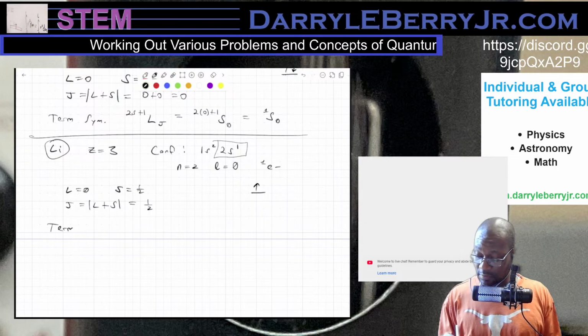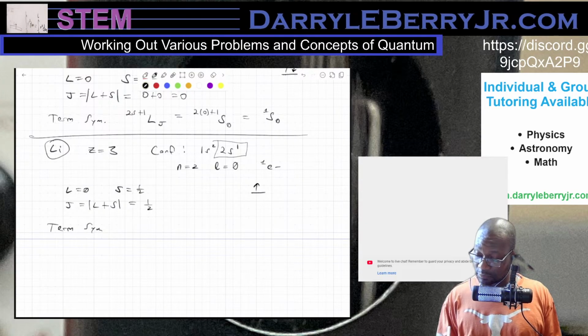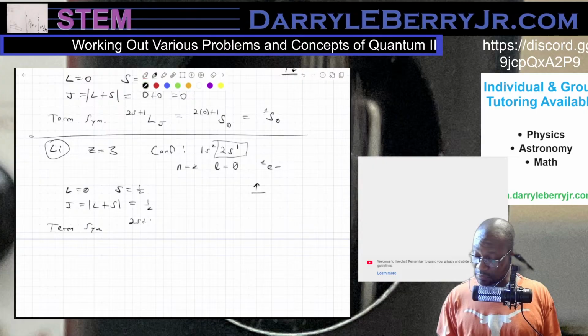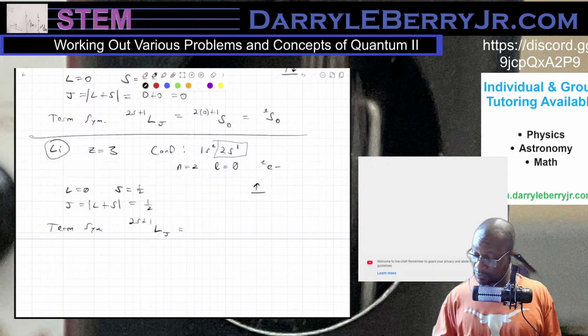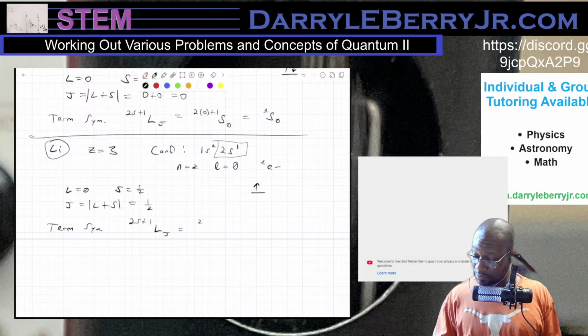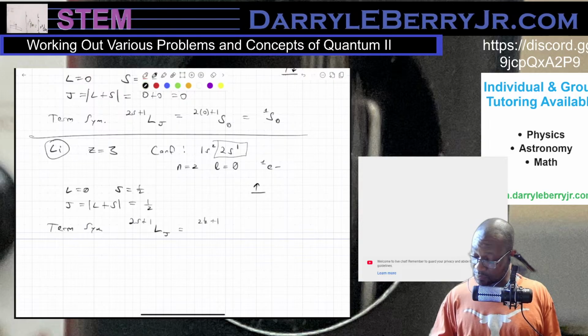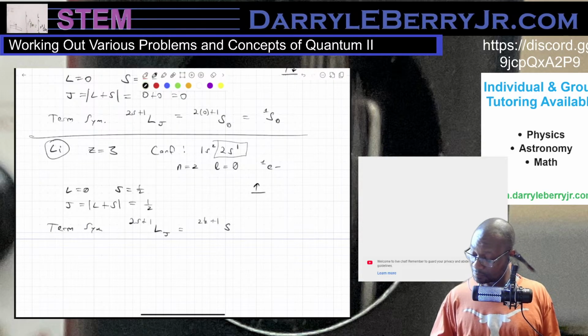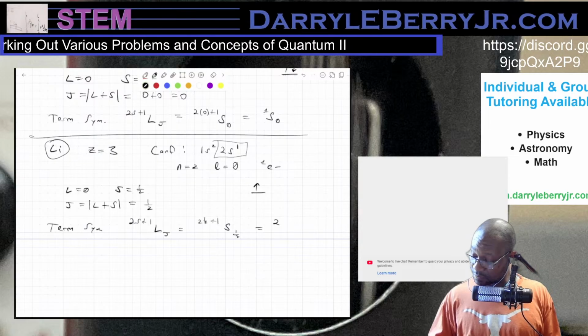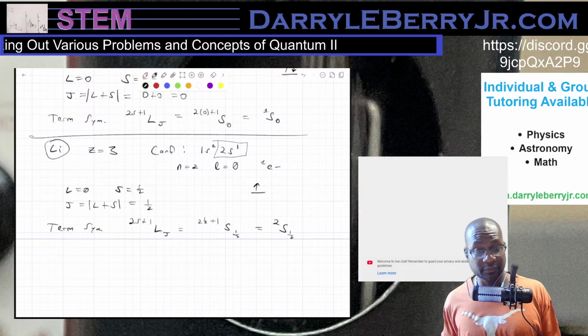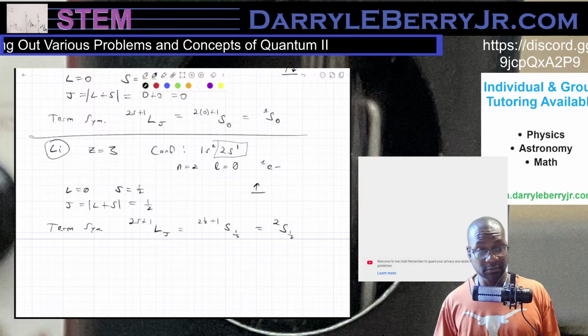So the term symbol is 2S plus 1, the letter for the L, and J. So that's 2 times 1/2 plus 1. L is 0, so that's S. J is 1/2, so that's 2S1/2. Looks like that is correct.